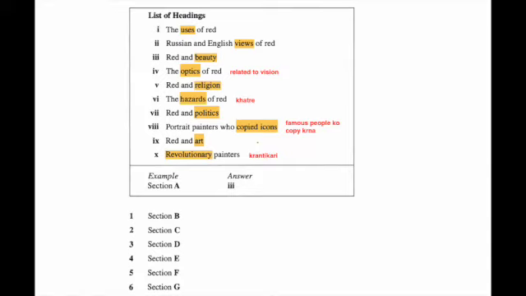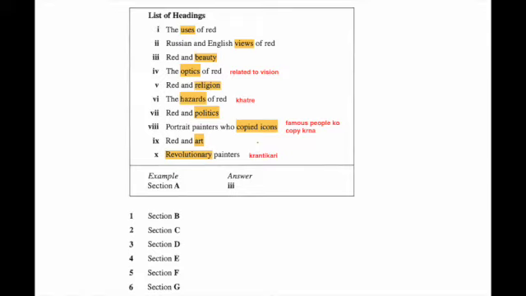Copied icons here means something important, or something of significance, something of importance, of value. Red and art, and here they are going to associate red color with art. And the last one is revolutionary painters.